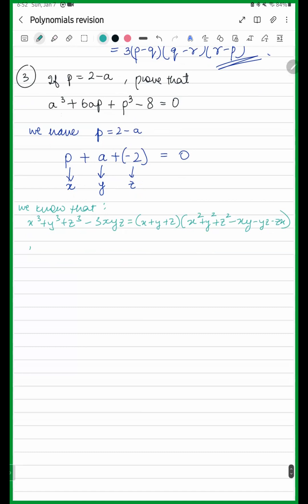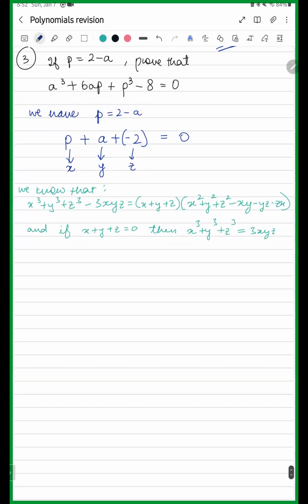And if x plus y plus z equals 0, then x cube plus y cube plus z cube becomes 3xyz. This much you have to write. Okay, so where were we?